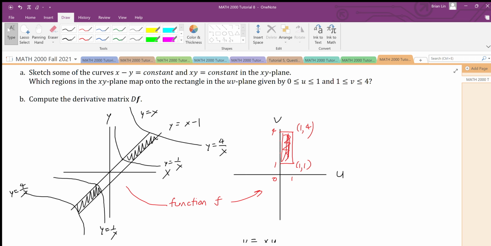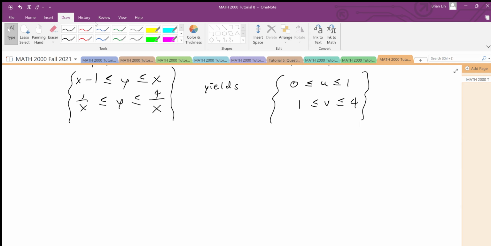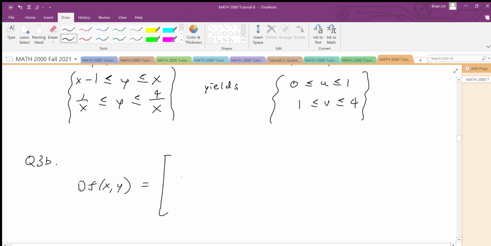For question 3b, we now want to compute the derivative, the total derivative. So the total derivative at xy is going to be: first component function is u, so u with respect to x and u with respect to y.